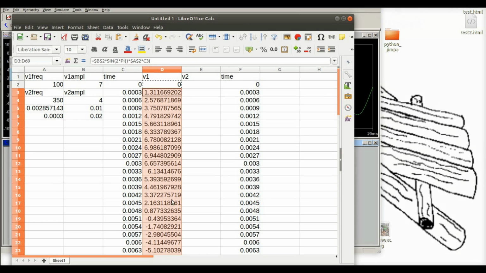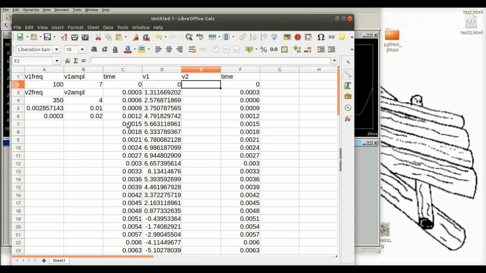So I did it for V1, I'm going to do it for V2. What's different is my amplitude is different and my frequency is different. My time will be the same, and this also assumes these waveforms start at the same time, which is what happens in LT Spice.